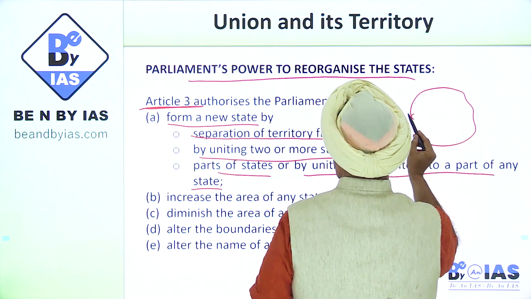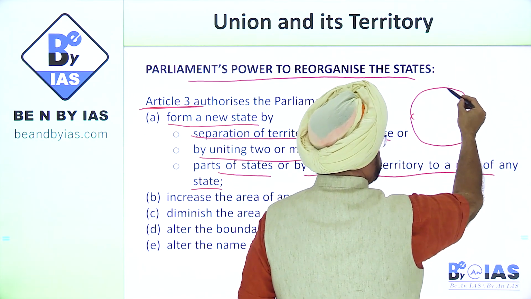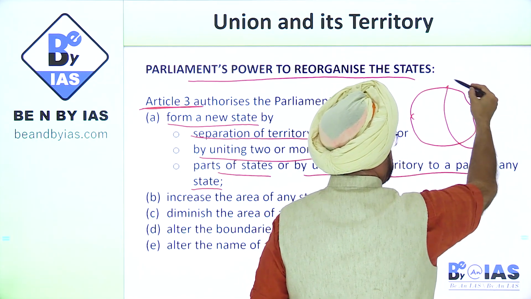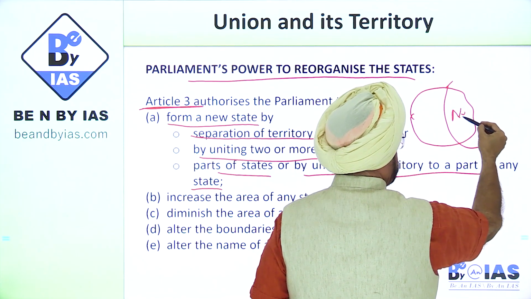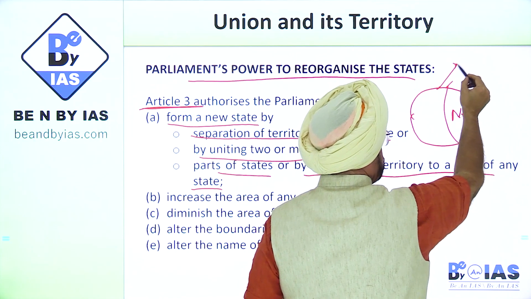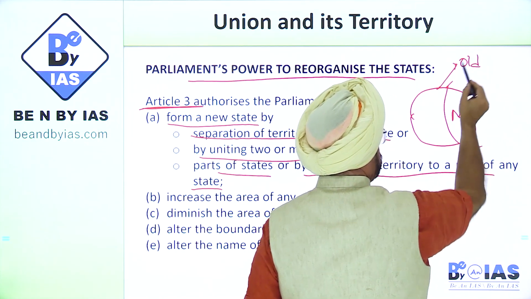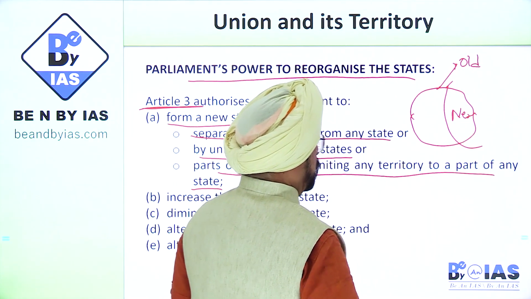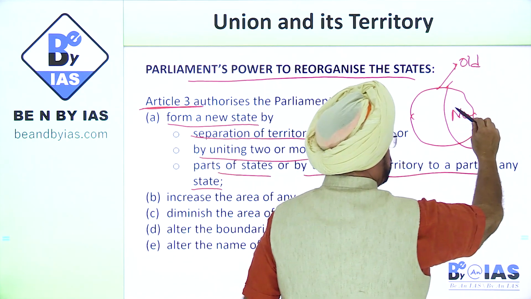That means, suppose there is a state, and a new state is carved out of it. This is the new state. Earlier, this was the old state, prior to reorganization. So, a new state has been created.